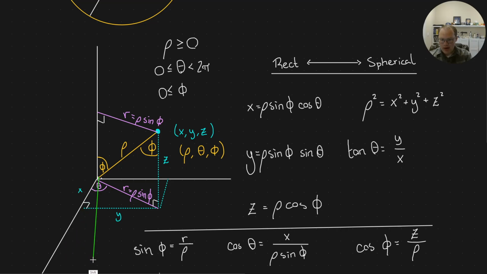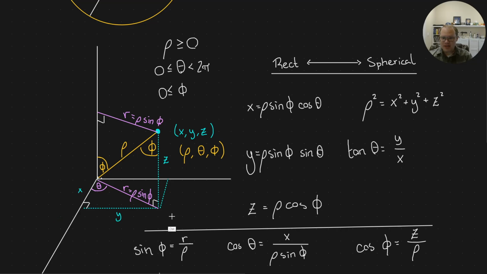And rather than allowing ourselves to go back around, what happens is we end up with two different ways to describe a point if we allow phi to go too far. Because I could get to, say, this point over here. I could get there by either letting phi go all the way past pi, or I could let phi go down here, this angle, and then let theta go around to here. Does that make sense?